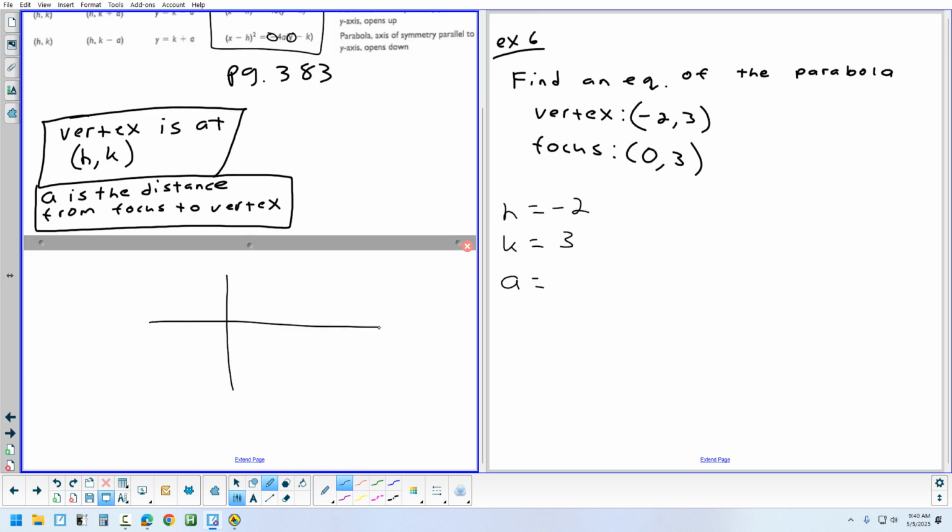If you're more visual, then draw those 2 points and figure out the distance between them. -2, 3 is your vertex. 0, 3 is your focus. What's the distance between the vertex and the focus?